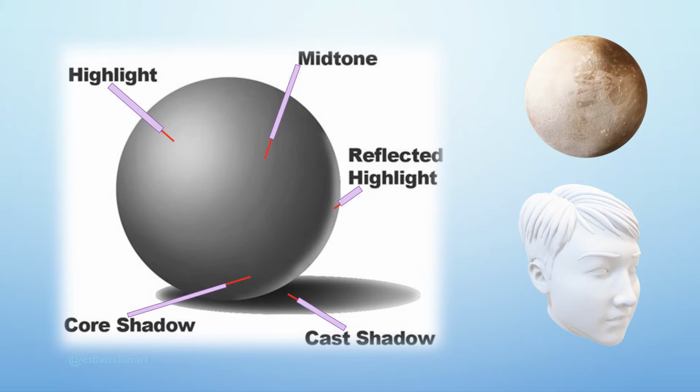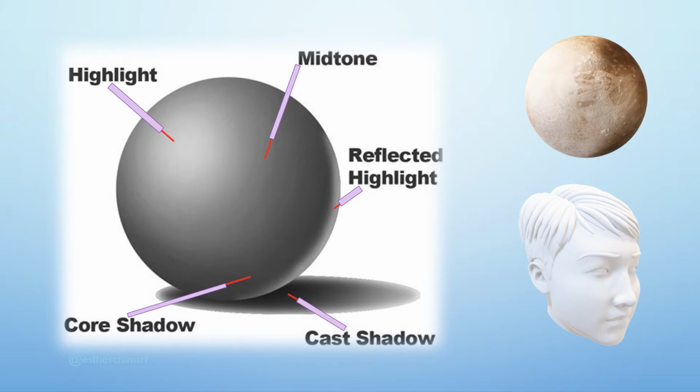Then you have the cast shadow, which is the area that is shaded on surrounding objects and surfaces because of blocked light. So basically wherever you have your highlight, where the light is hitting the surface of that object, there's a cast shadow because underneath it falls below the object.